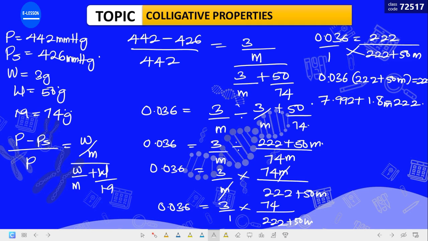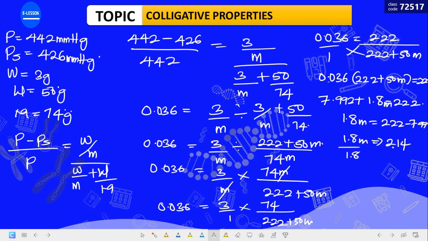Now 1.8 M is equal to 222 minus 7.992, which gives us 214.